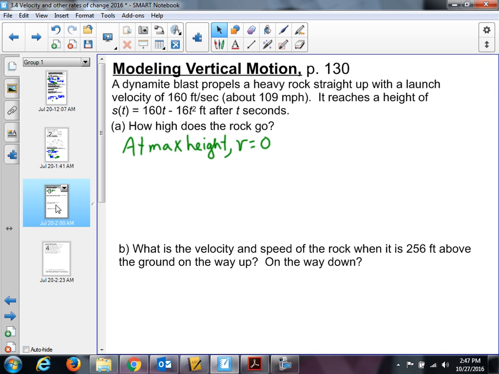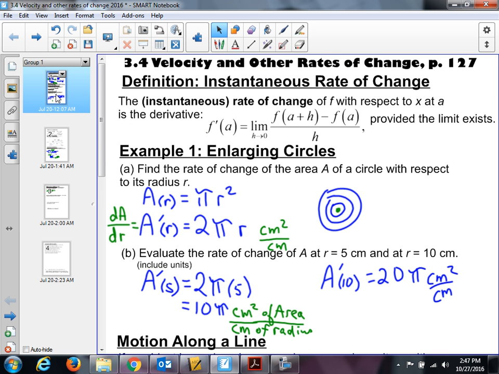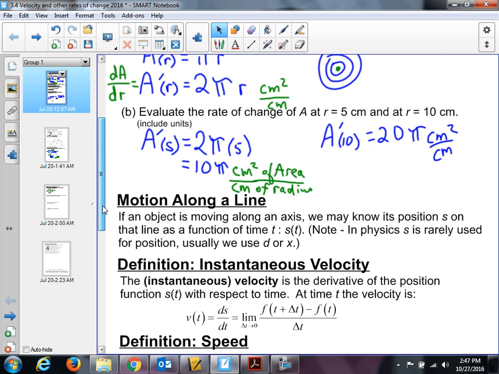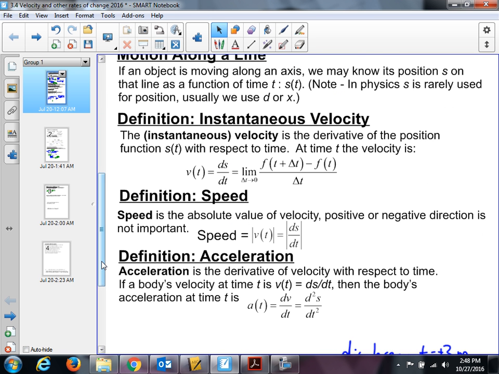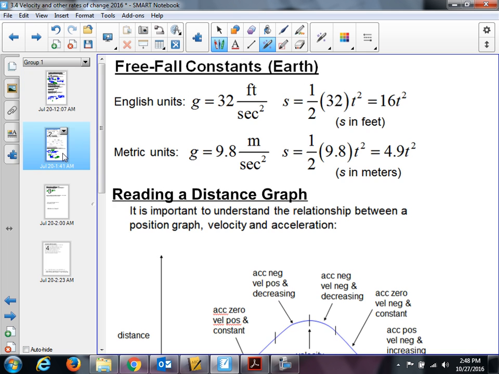Somebody say it with conviction. Yeah, the derivative. Okay, and I'm not making it up, it's from here, right? Speed is the derivative of the position function. Incidentally, the second derivative of that is the acceleration function. Often acceleration is a constant.